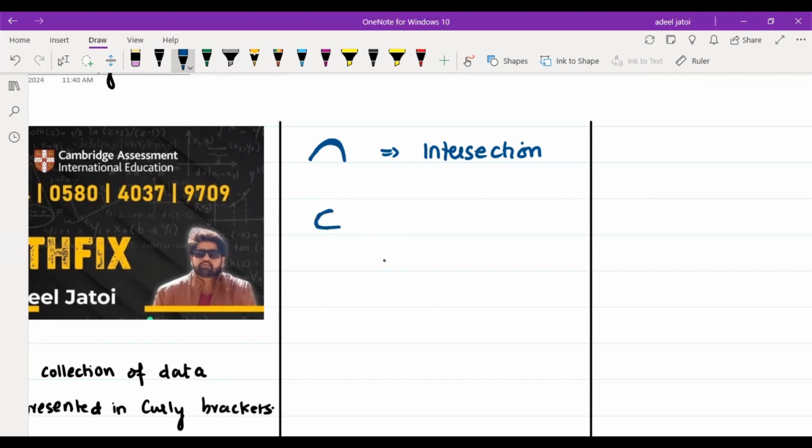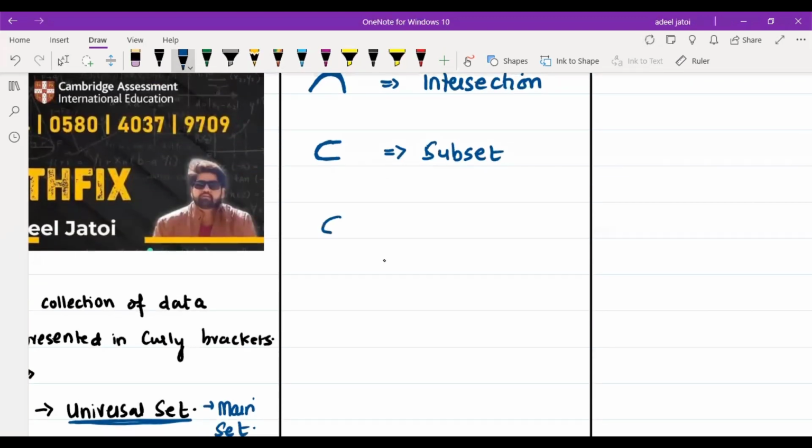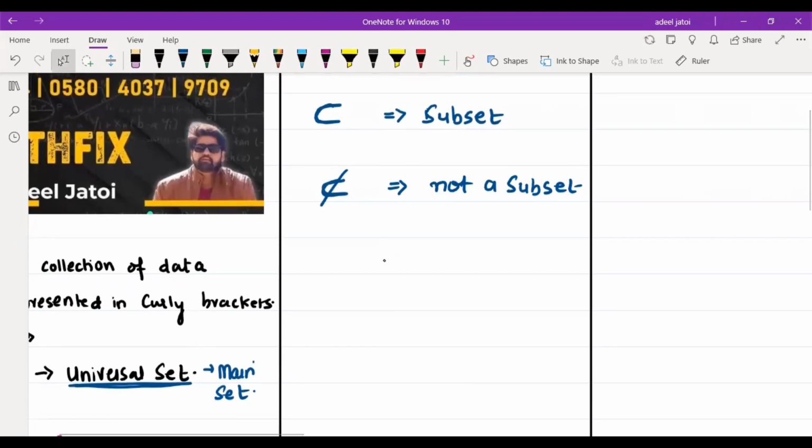Then you have this, which represents subset, a set within a set. If the subset sign is cancelled out, this will represent not a subset.